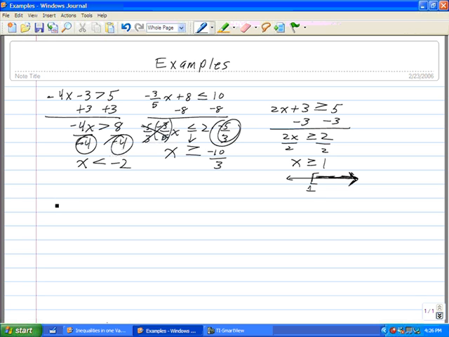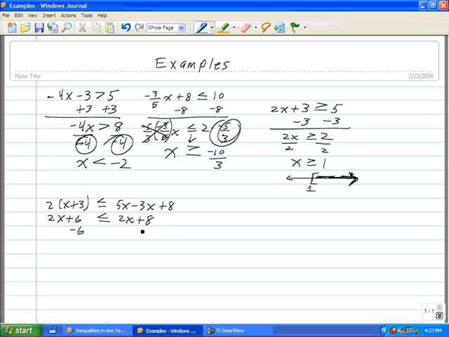For example, if we had 2 times x plus 3 being less than or equal to 5x minus 3x plus 8, we would start distributing and we'd get 2x plus 6 being less than or equal to, and combining like terms, I get 2x plus 8.